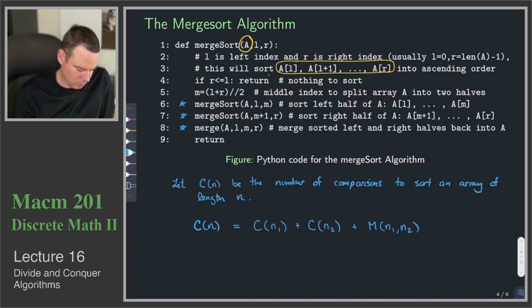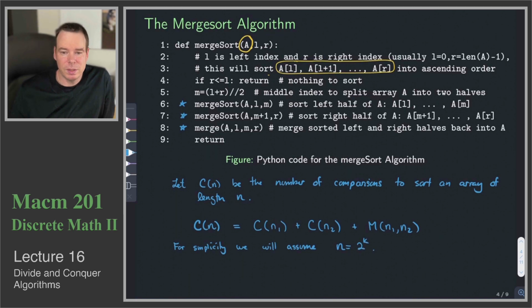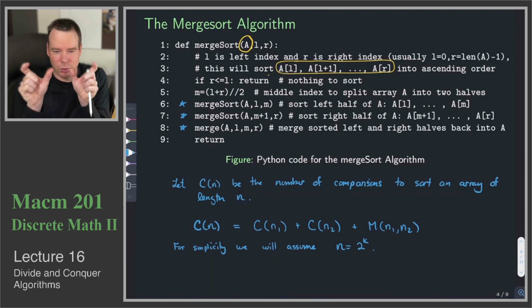Now what we'll do is, for simplicity, we will assume that n is some power of 2. The reason I'm going to make this assumption is because if we think about what's happening, at each step I split the array into two, and then I sort the individuals.